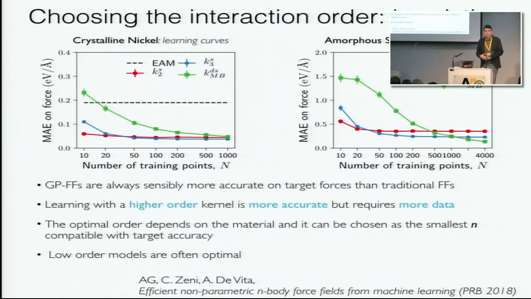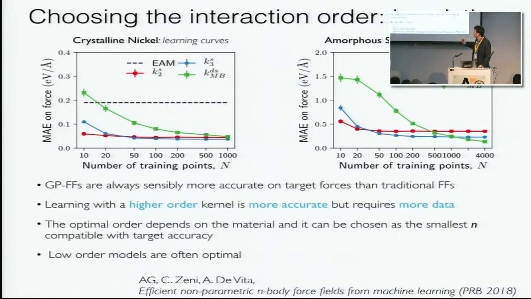So once you have this plethora of kernels you can choose from, well, which one is the right one for the job? This is actually an interesting question because you will always like to use the simplest kernel that actually satisfies your accuracy requirements. So in very simple systems, simple in the sense that they are easy to learn, it's better to use a simpler kernel.